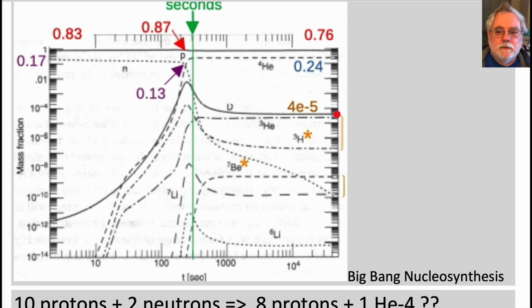The formation of deuterium was able to proceed at increasing speed from 2 seconds to 300 seconds, as the temperature decreased from 9.4 billion Kelvin to 770 million Kelvin.